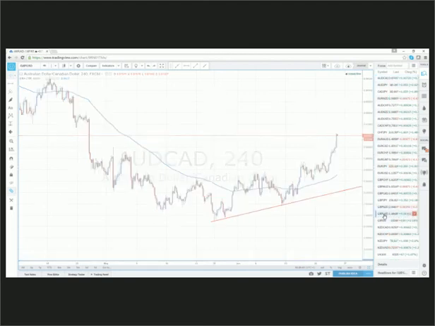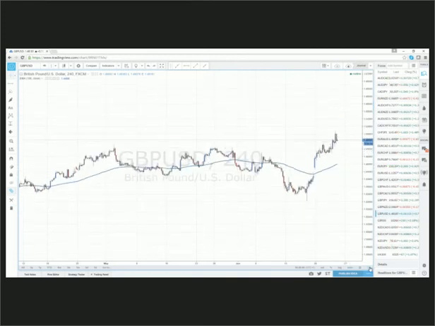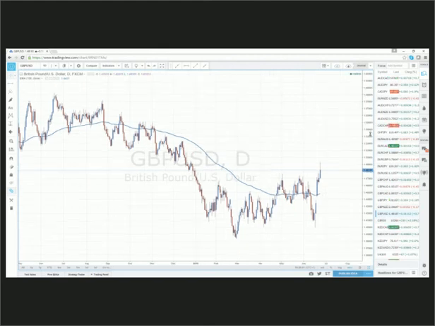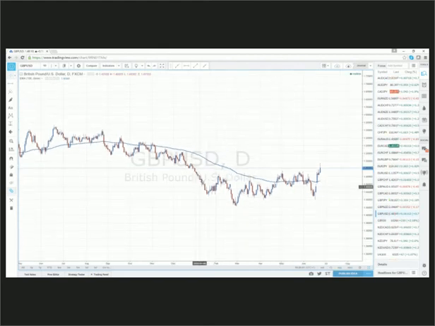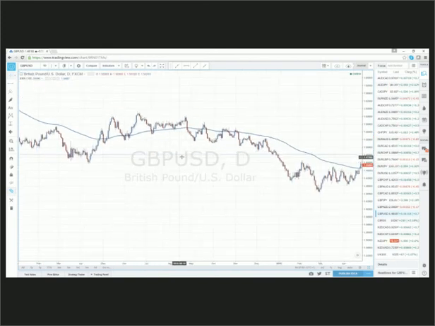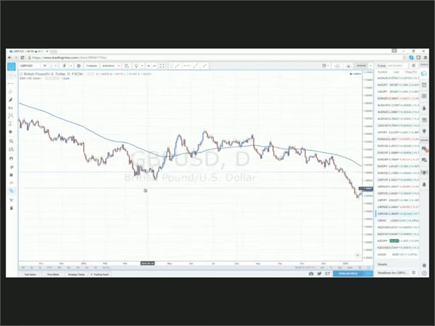Okay? What about pound dollar? Pound dollar has been ranging up until today since the beginning of the year. And before that, you can't really even call that pretty price action. You'd have to say that actually we've been in a range-bound market in the pound dollar since the beginning of 2015. The market's been going sideways.